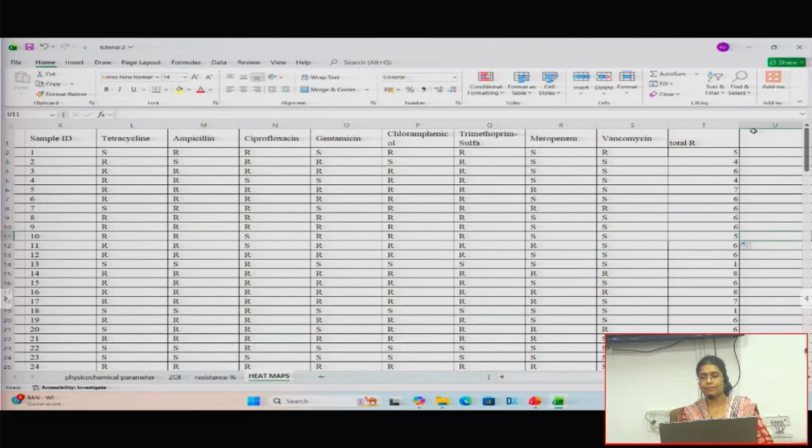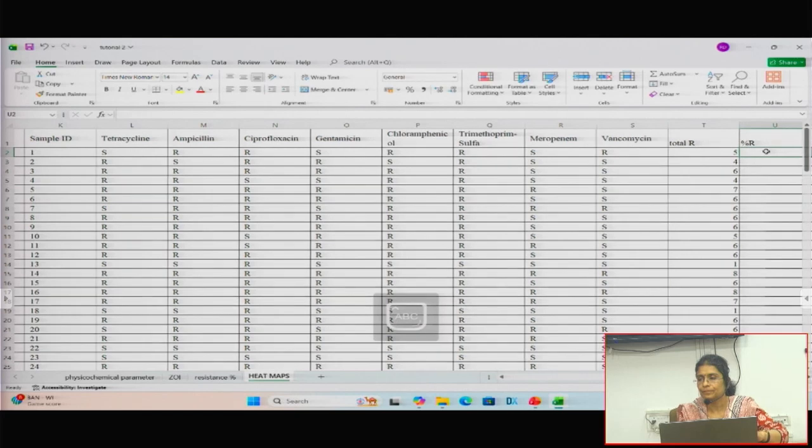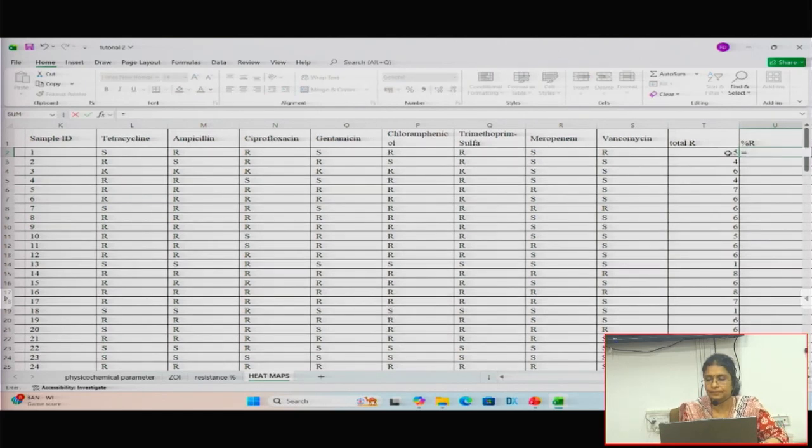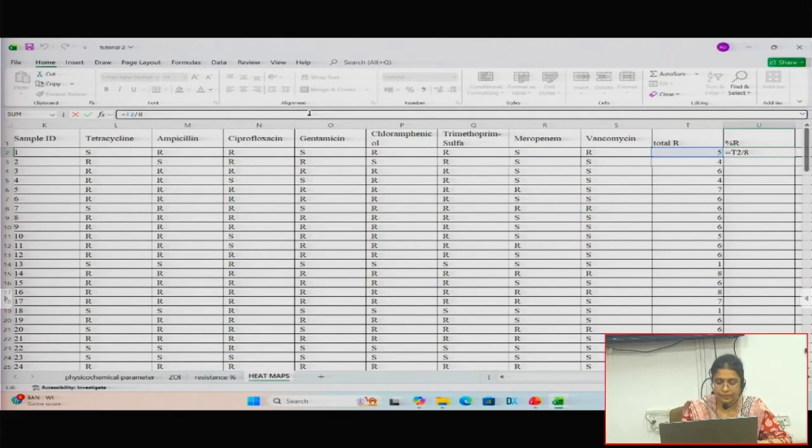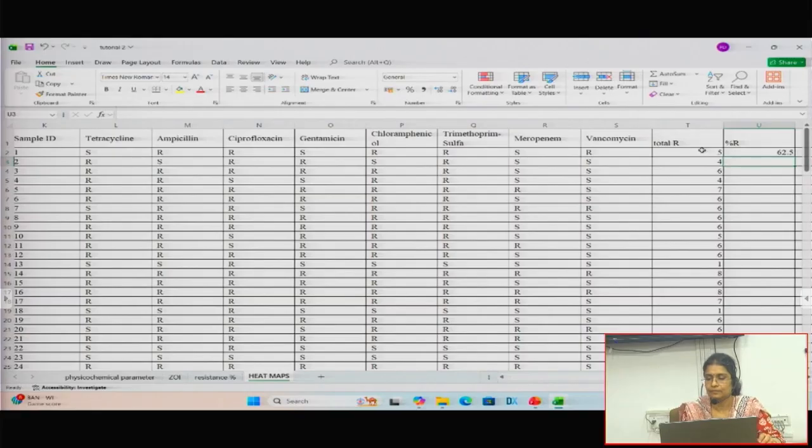From here, can you calculate the percentage resistance? Anyone having a doubt, just look at the board.